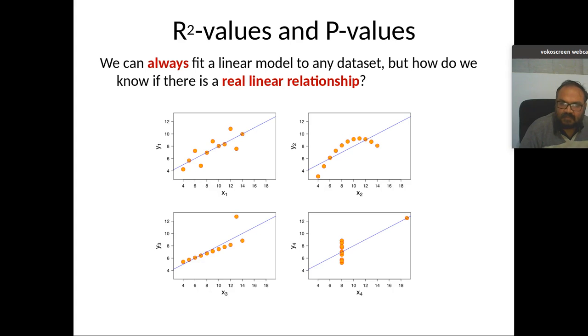Then there could be many options of a linear model which could be used to approximate that non-linear relationship. And how do we know if our selected model is the best one? For that we can use R square values and P values. You can see in these examples, some of them are good fits to the data, some of them are not good enough fits.